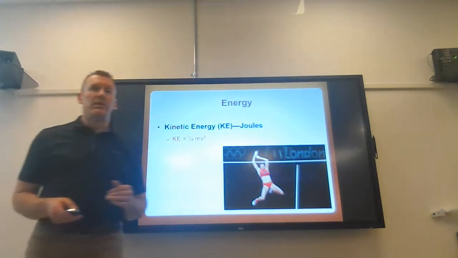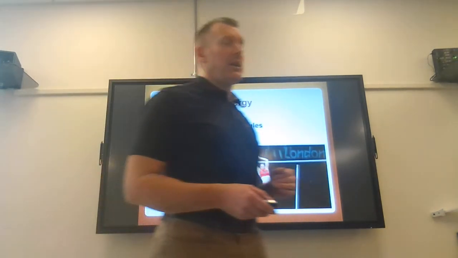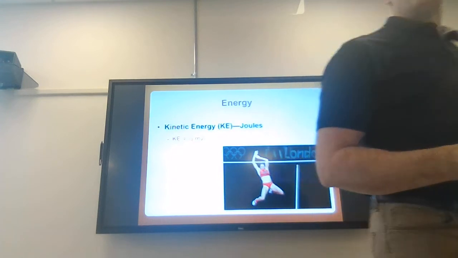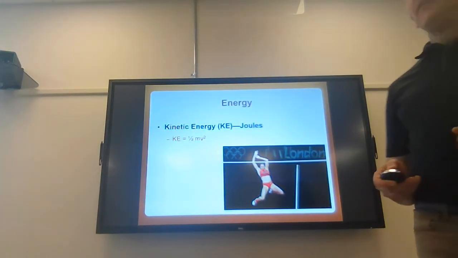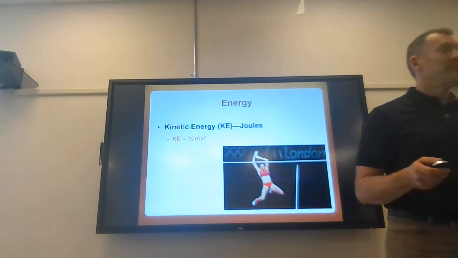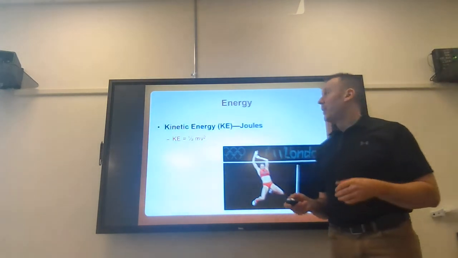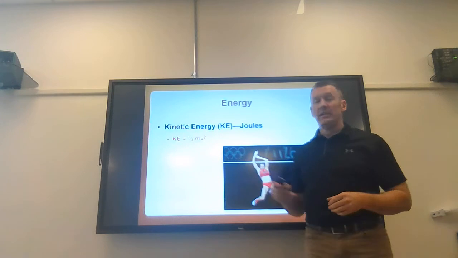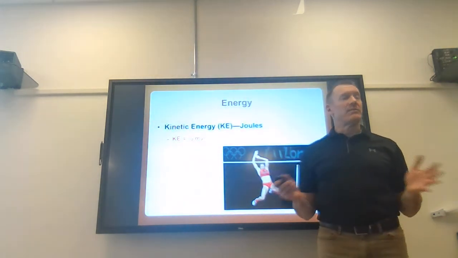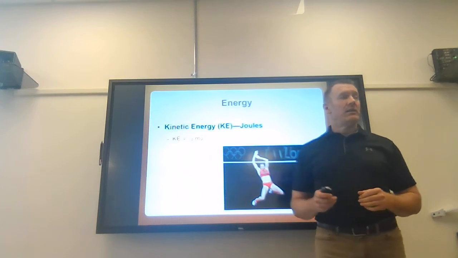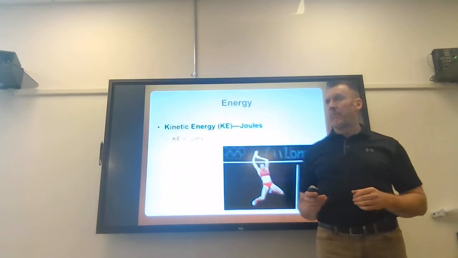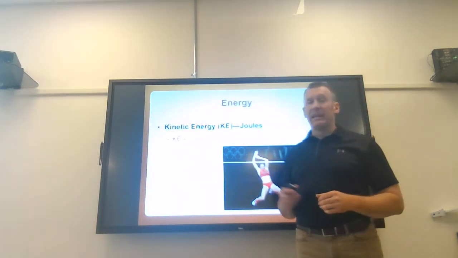So it's similar to the equation for momentum. Momentum was mass times velocity. So the more momentum an object or body has, the more kinetic energy will be expressed through that object or body, and the greater the capacity to do work with more kinetic energy.